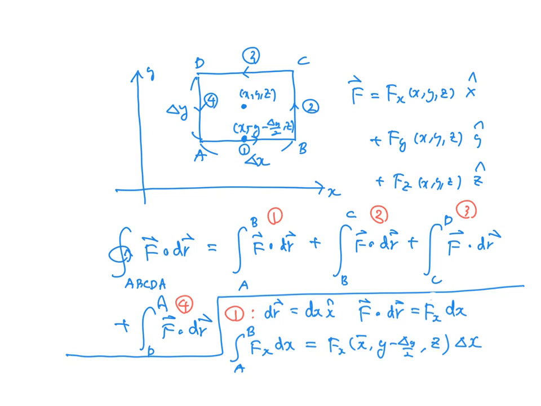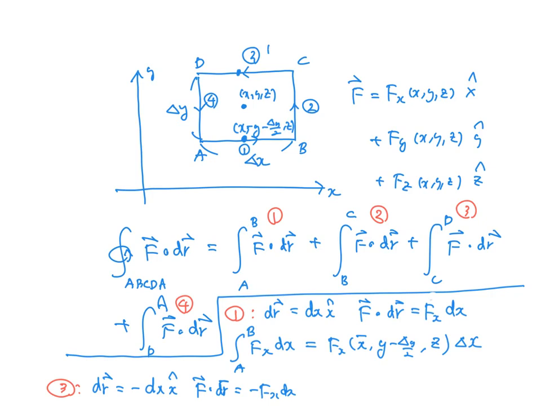And you can calculate the 3. For 3, dr is pointing the opposite way, right? So here dr will be minus dx in the x direction, pointing in the minus x direction. So f dot dr is minus fx dx.